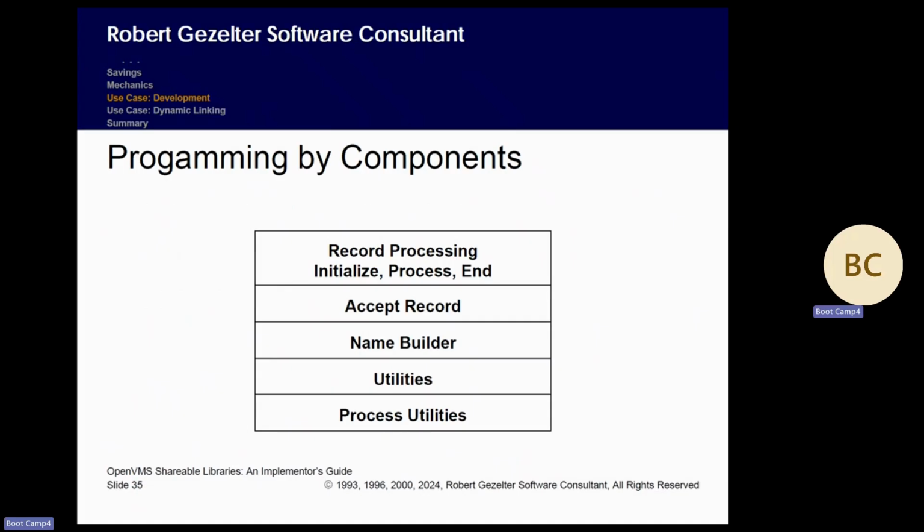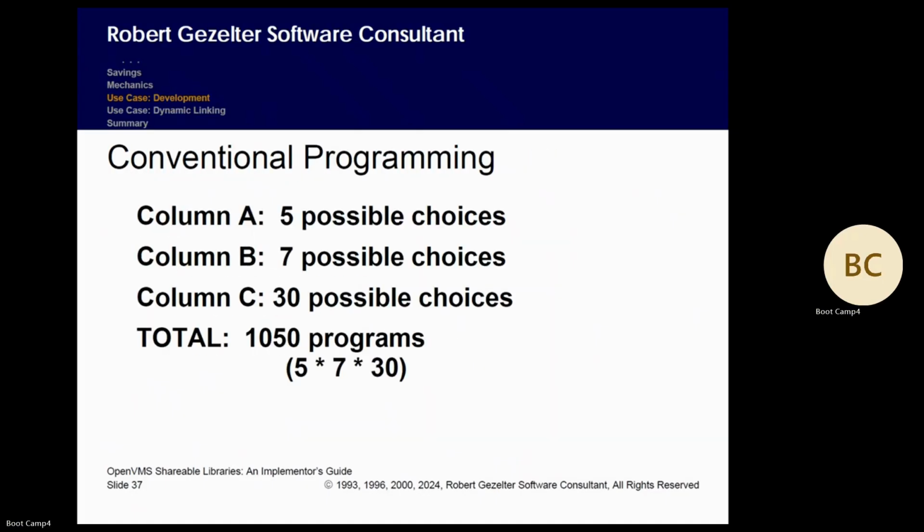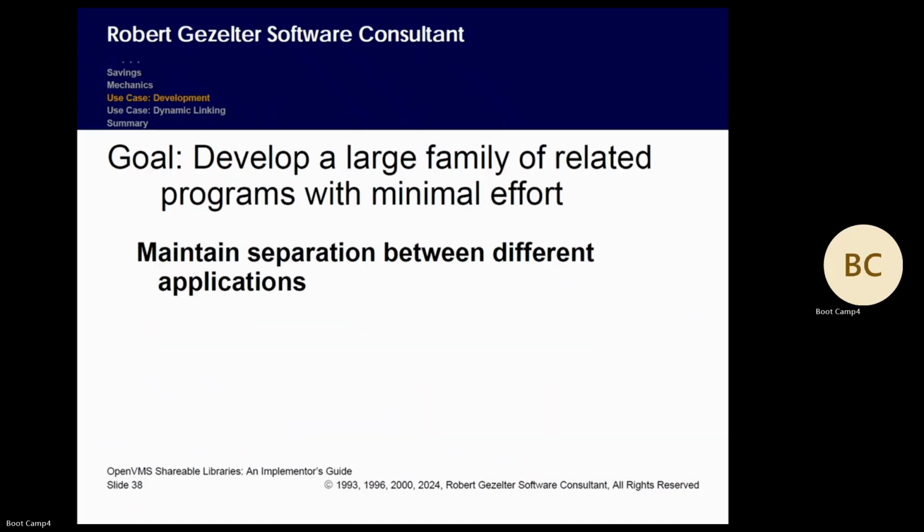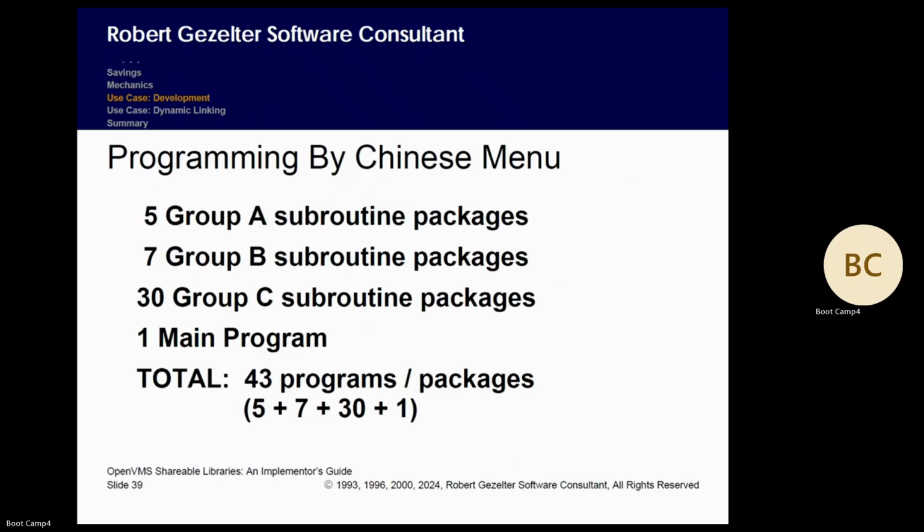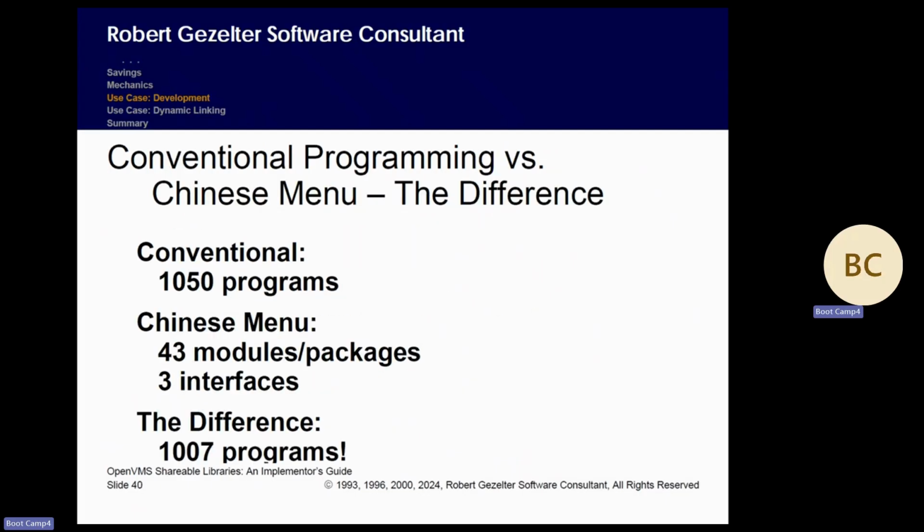If you look at the components, you get 5 components. Well, you can do this with 43 modules. One for each of the categories we identified, one from each of the subroutine groups we identified, plus the main program.